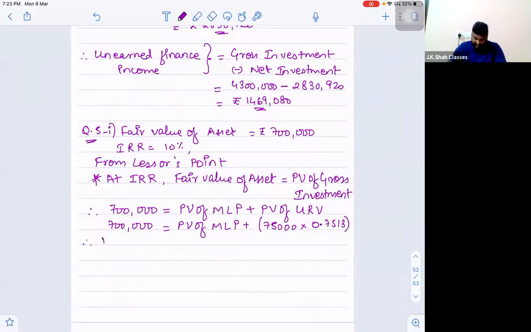So finally, I can say therefore PV of MLP is equal to 7 lakhs minus, what is the answer that we are getting for this? 75,000 into 0.7513. We are getting 56,348. So PV of MLP is coming to 6,43,652.